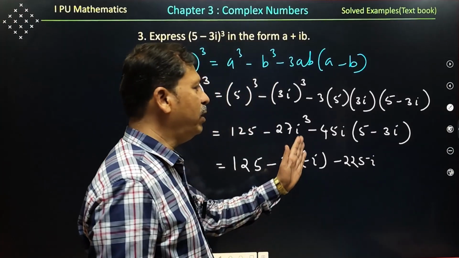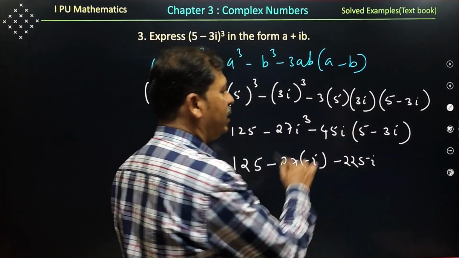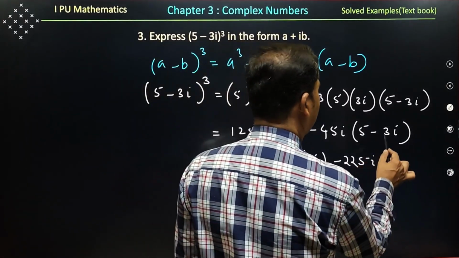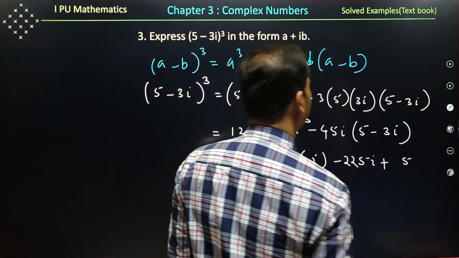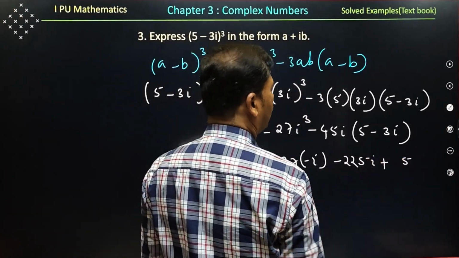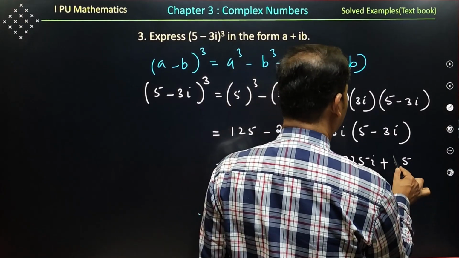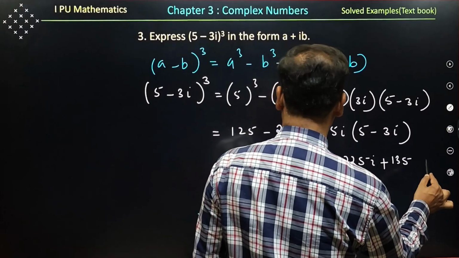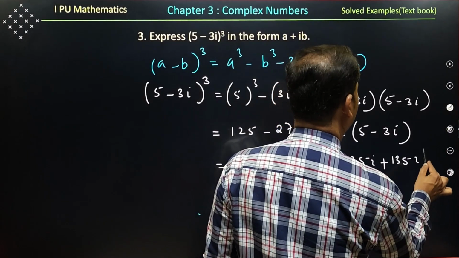I have multiplied 45 I inside, so minus into minus plus, 45 3s are 3 5s are 15, I think it is 135, 3 4s are 12 plus 1, 13, 135 I into I square, I into I square here.